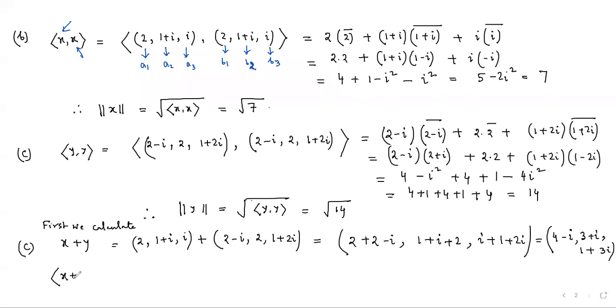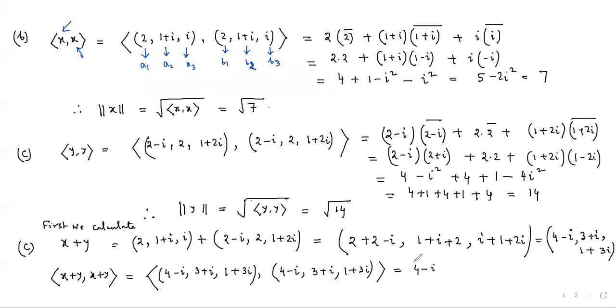We need to calculate the inner product of the vector with itself. So we write them in their triplet form first of all, for the sake of our calculation. And then you apply the standard inner product rule.